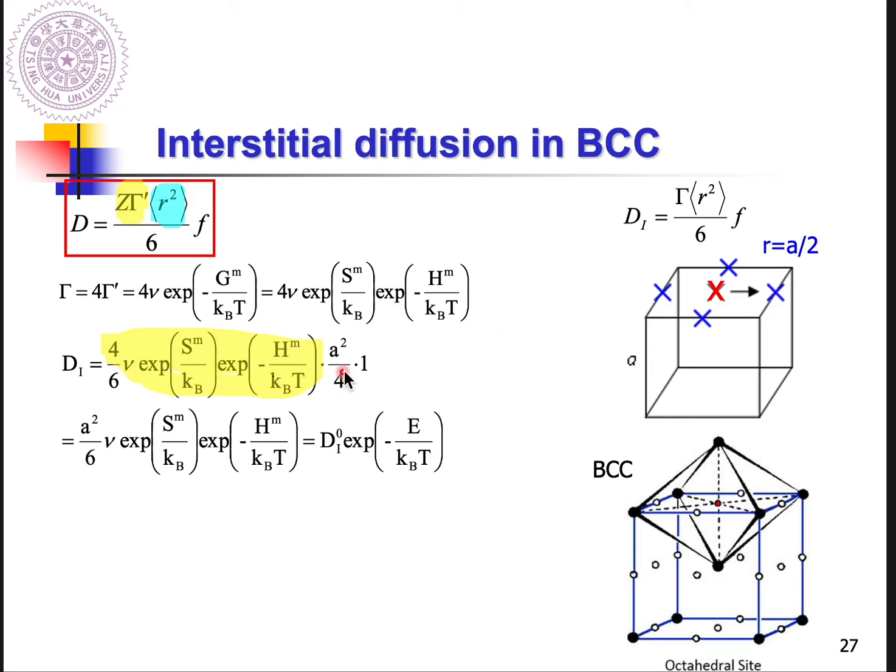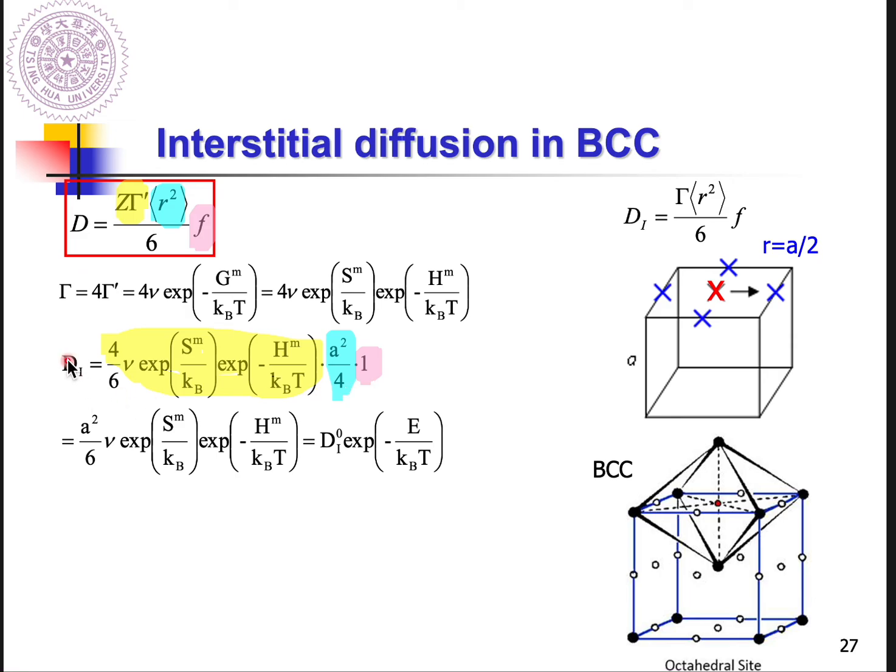So it's (a/2) squared. So we got this one. And as we mentioned, there's no limitation on this interstitial atom's jumps. It can jump in either direction, and this jump is not related to the next jump. So the f is equal to 1.